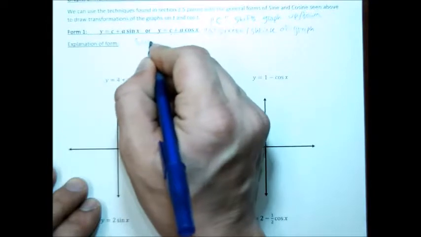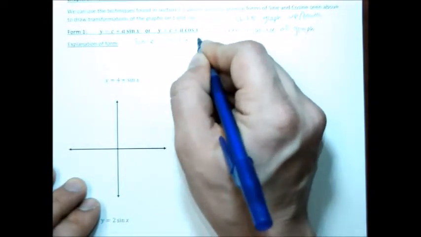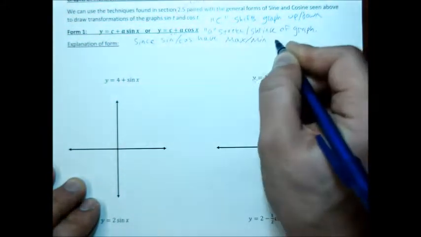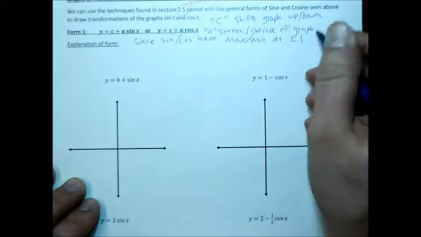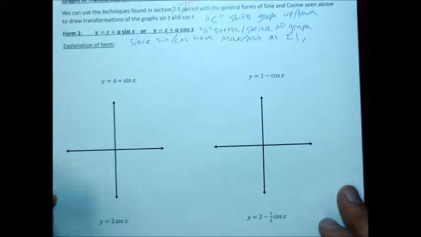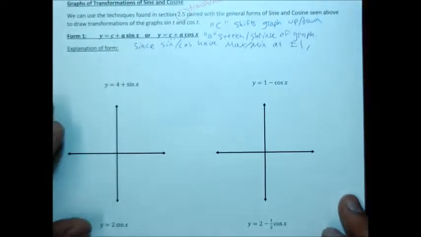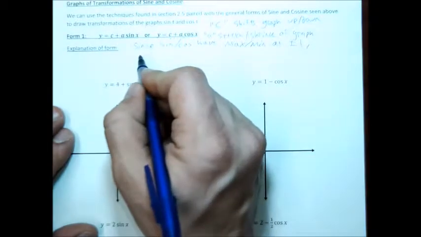And what I'll say is, since sine and cosine have a max or min at plus or minus 1, when we stretch and or move the function up or down, we get a new max or min.